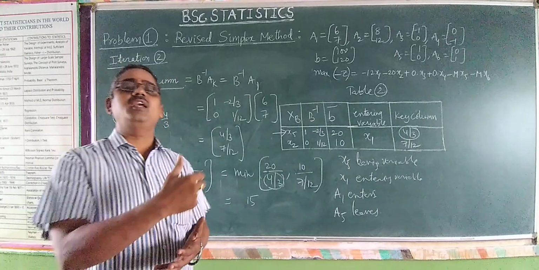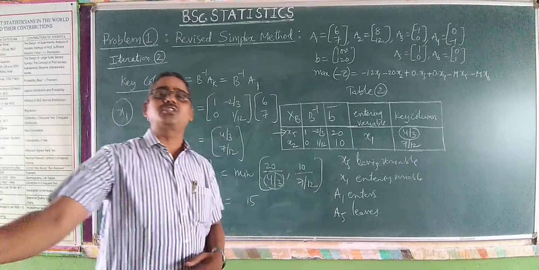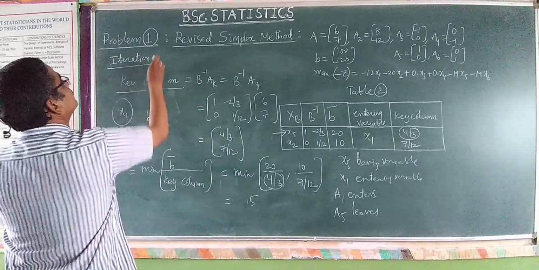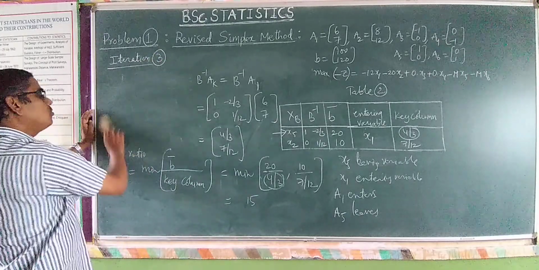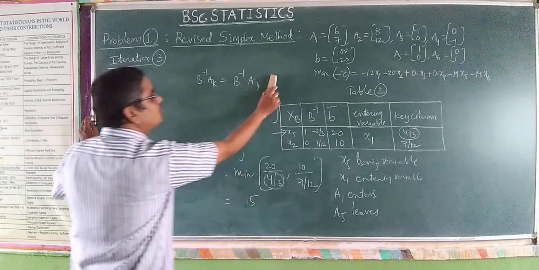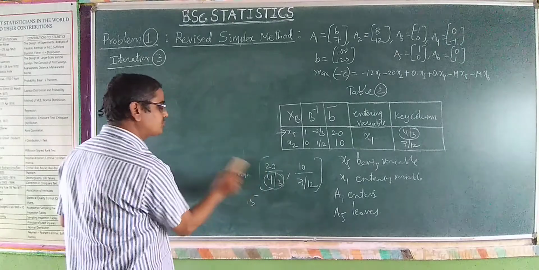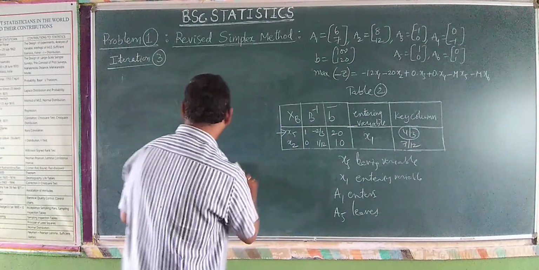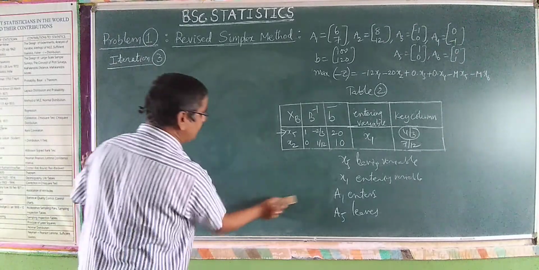This is the end of iteration 2. Now we have to start the calculations of iteration 3. So again, what do we have to do? We have to calculate or identify and substitute the changes from iteration 2 to iteration 3.